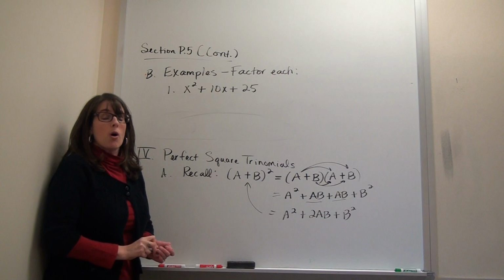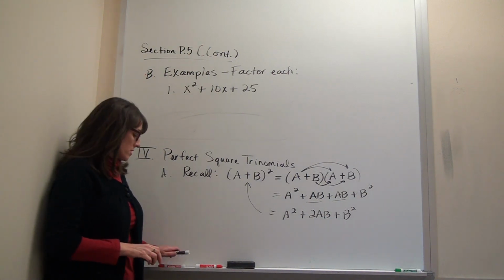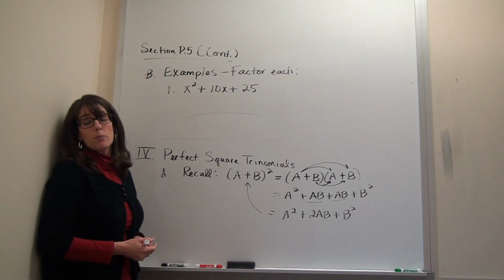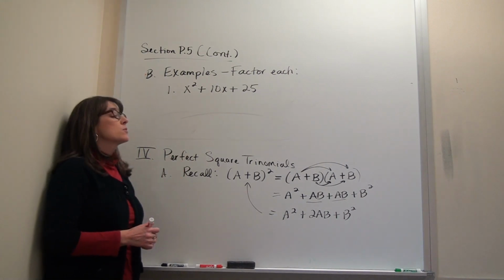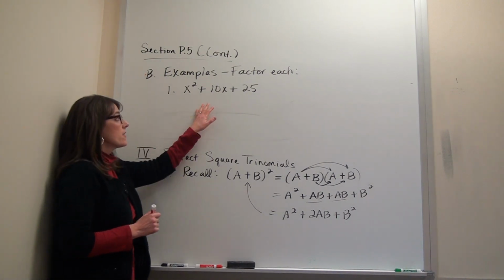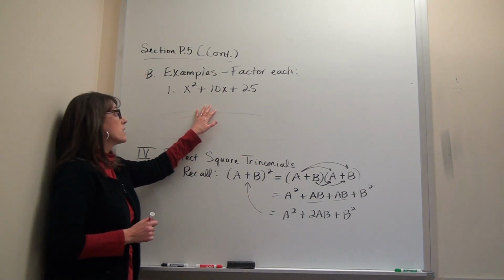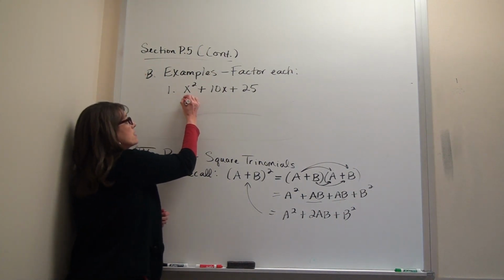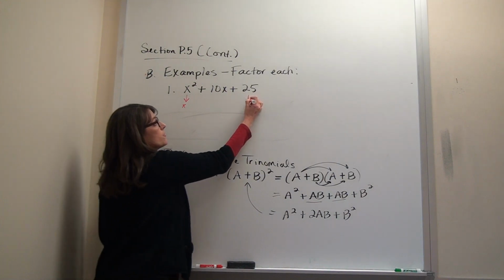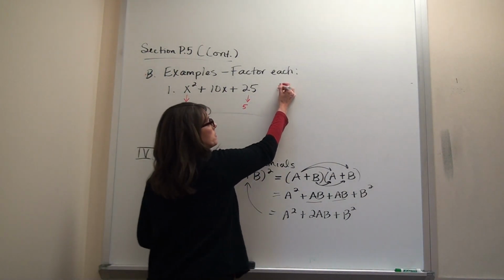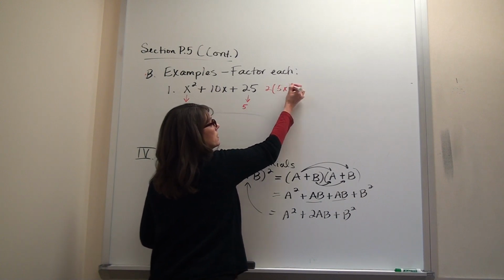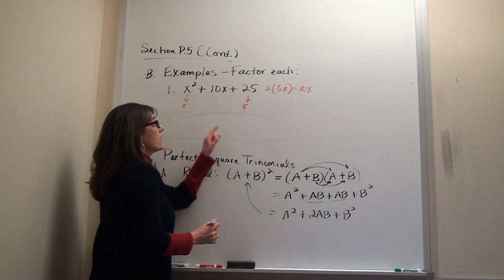Now again, you always look first to see if there's something common that you can divide out before you do anything else, but there isn't there. So one method is to say, hey, that's a perfect square trinomial because the square root of this is x, the square root of this is 5, and notice that if I take the 5 and the x and I multiply them together and double it, I get that middle term.